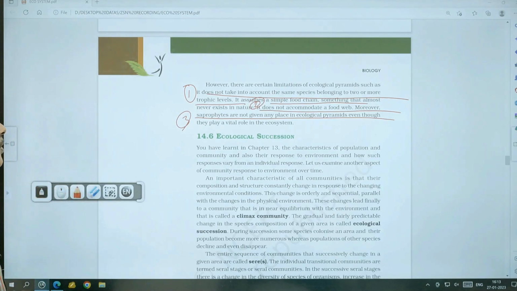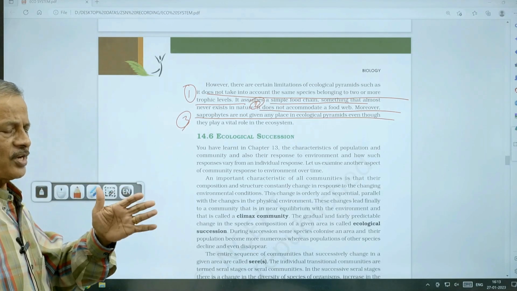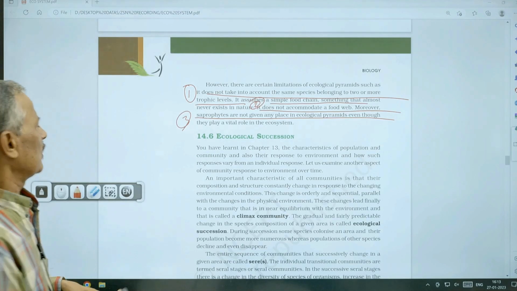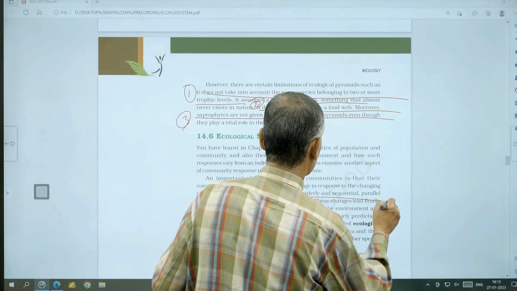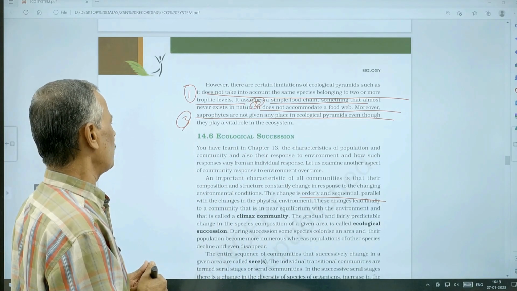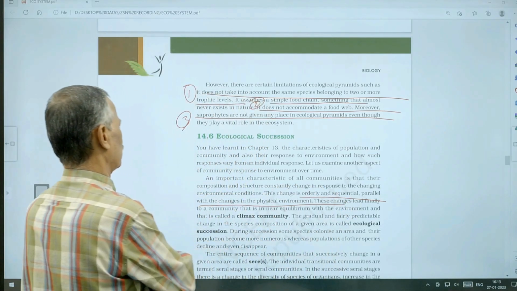Succession is a regular, constant, predictable, slow change that occurs in an orderly fashion, sequential, step by step, parallel with the changes in the physical environment.